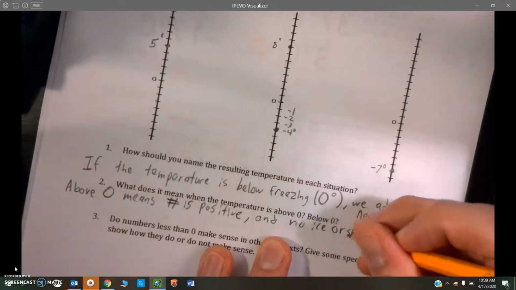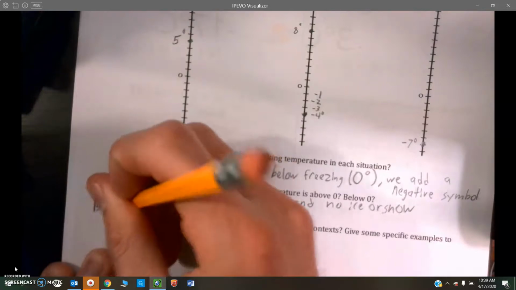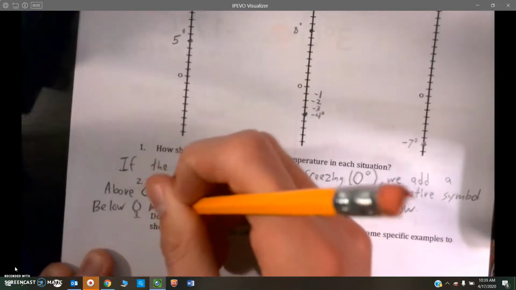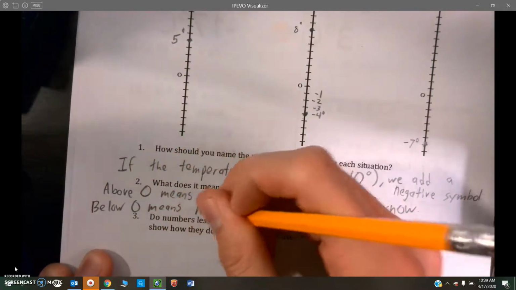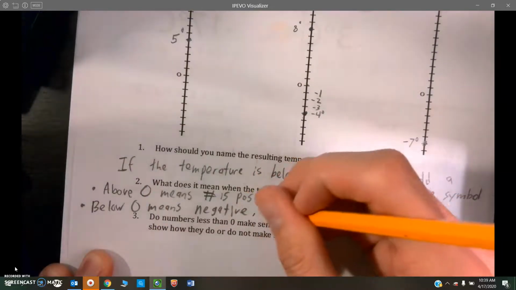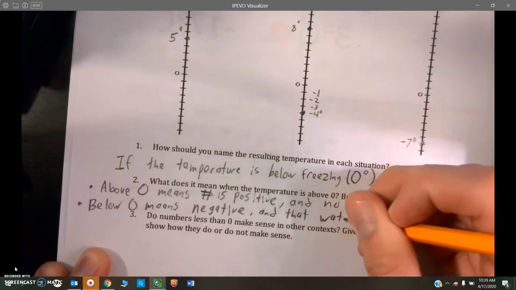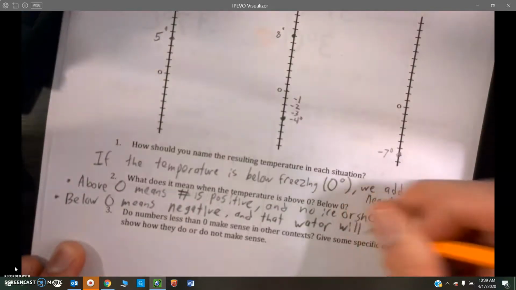And so what does it mean if it's below 0? Then below 0 means negative. And that water will freeze.